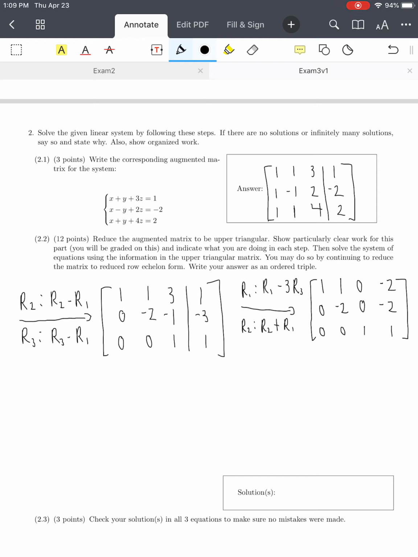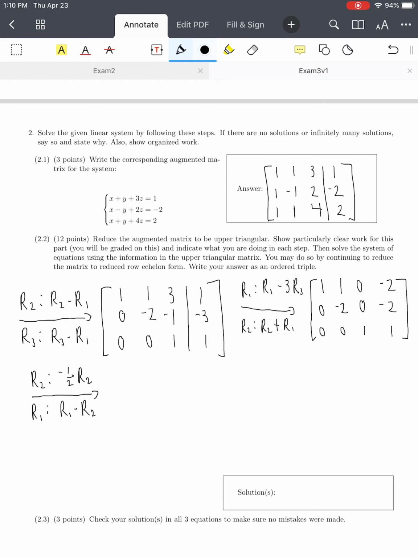Okay, then I want to make row 2 a 1, so that's negative 1/2 row 2. And after that, row 1 is going to be row 1 minus row 2.